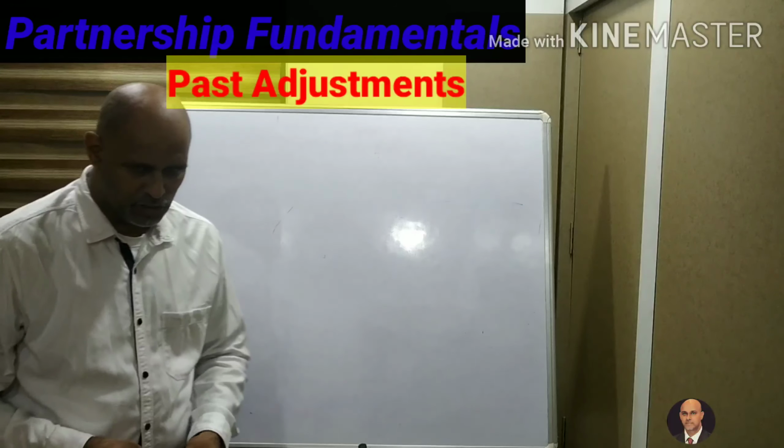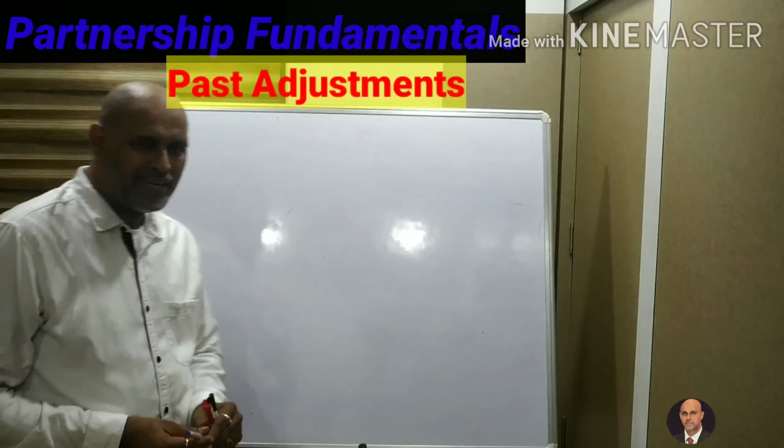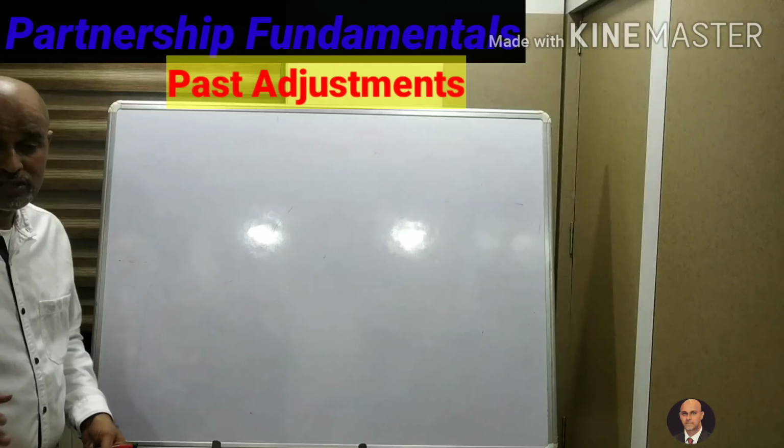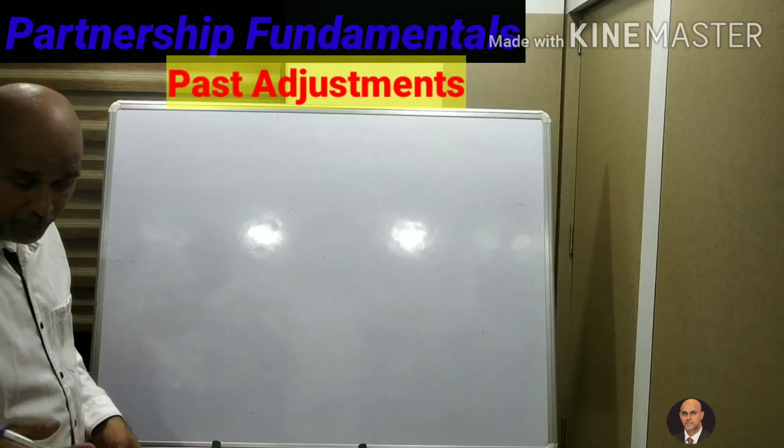Today I shall be going ahead with the past adjustments. Now let us take a particular situation where the interest on capital which is given to the partners is more.